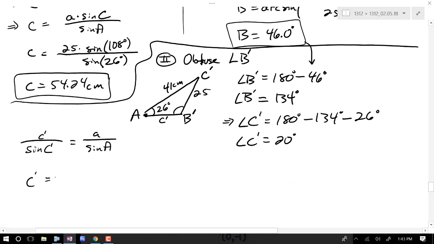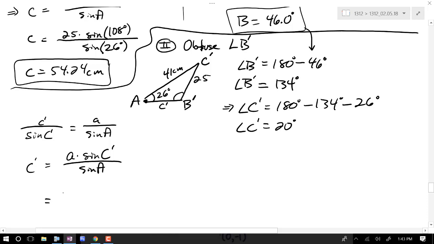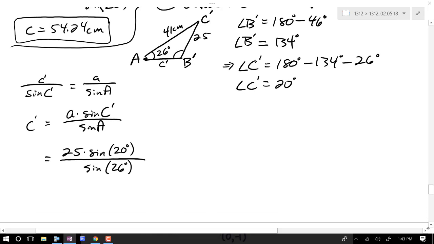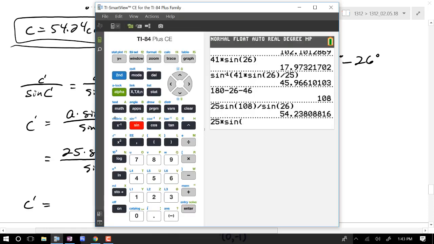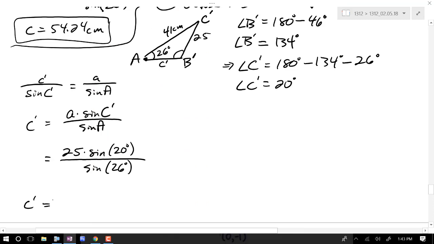So C prime is A times sine of C prime divided by sine of A. Plug in our known values. .5 centimeters.